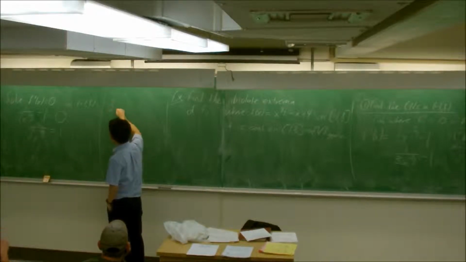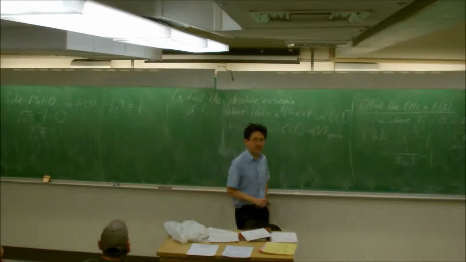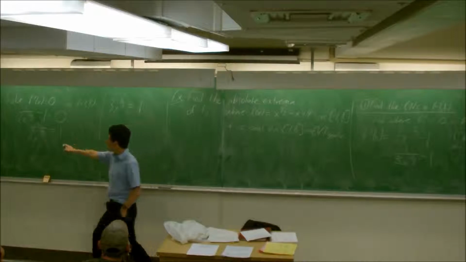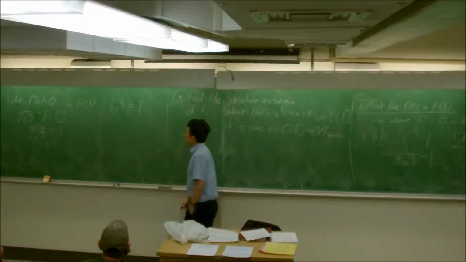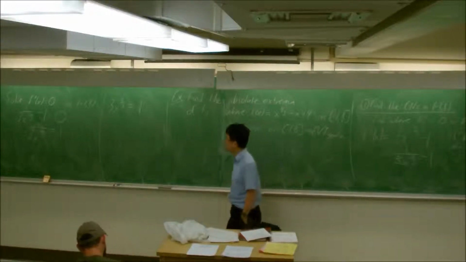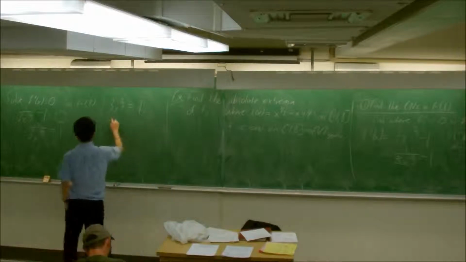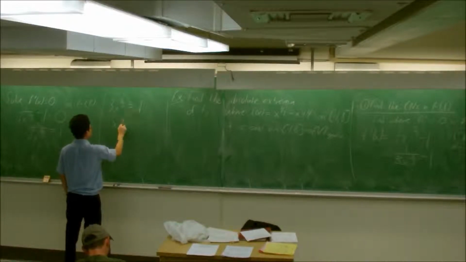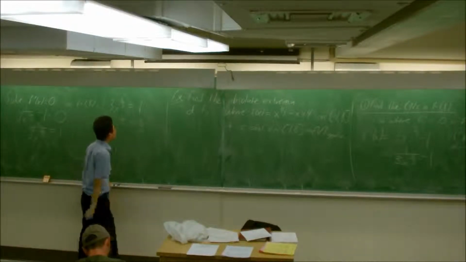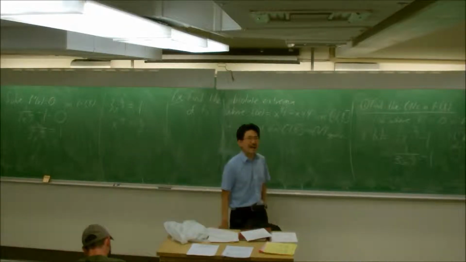I get 3x to the 2/3 equals 1. You can take the reciprocal of both sides, or you can multiply both sides by this. 3x to the 2/3 equals 1. Divide by 3. x to the 2/3 is 1/3. That's your algebra.